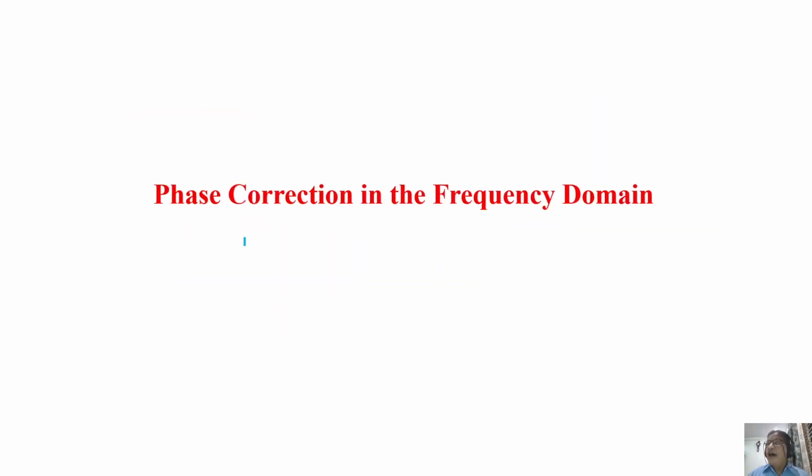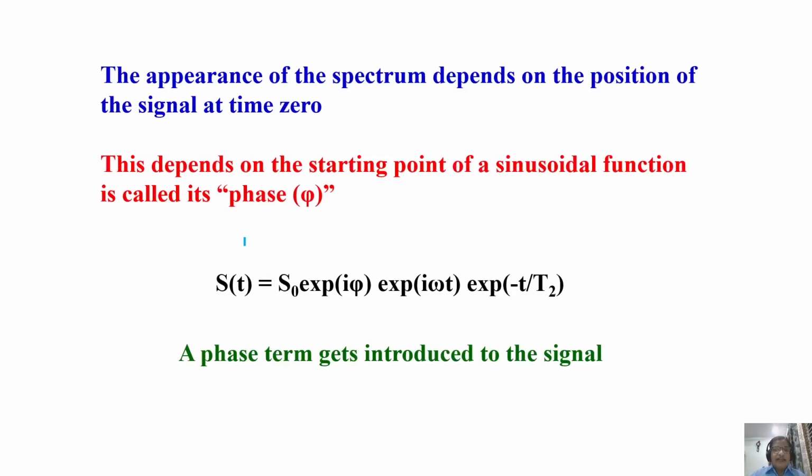Okay. Now, we have to do what is called phase correction in the frequency domain. We discussed pulse phases and phases of the signal in the previous class and earlier also, 2 or 3 times. Now let us see how the appearance of the spectrum depends on it.